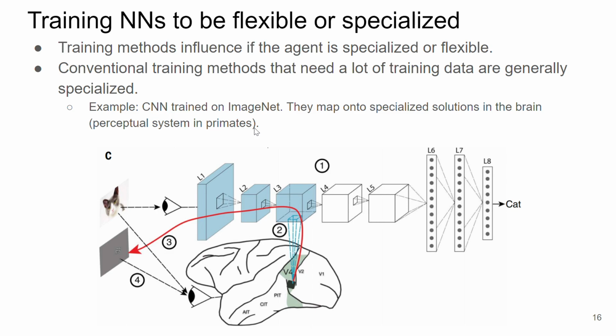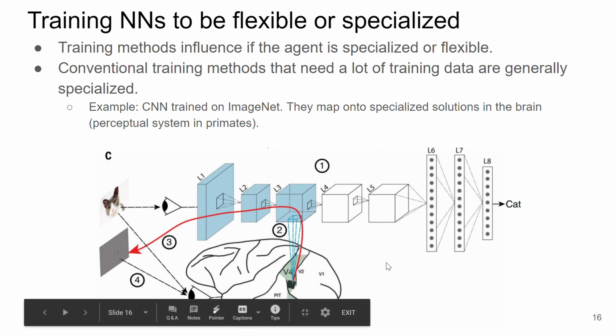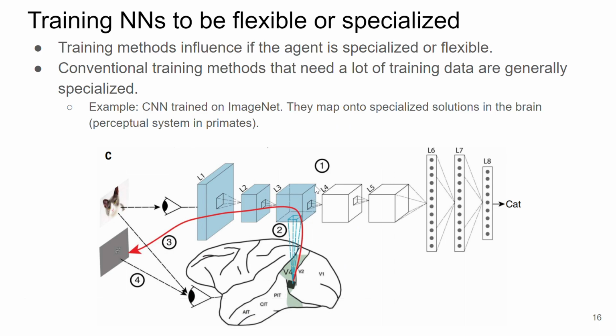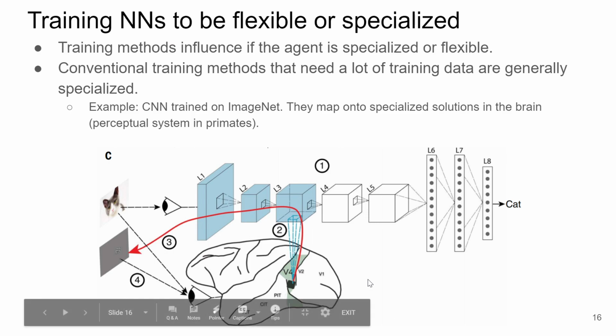For example, a CNN trained on natural images. And there is also evidence, I'm sorry for not putting in the reference for this paper, but this is an interesting paper, and I talked about this image in more detail in my previous talk. You can check that out. I'm not going to talk about this in more detail.